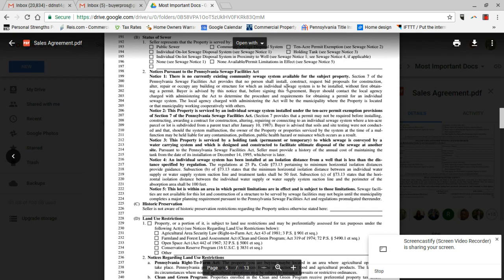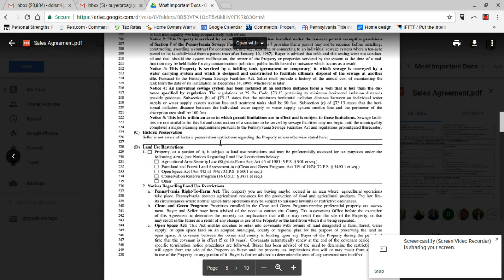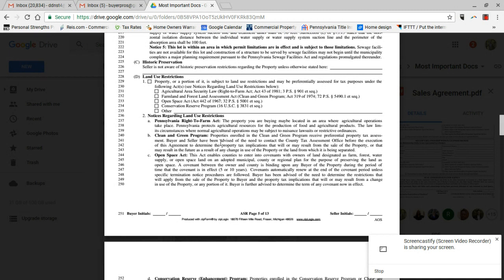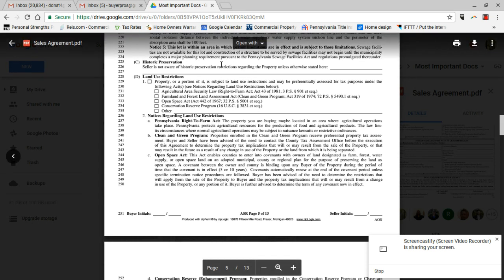Same thing. This is all of the notices and stuff that used to be on the back of these contracts. Go ahead and read those. That's really great reading if you want to lay down in bed and read a contract for 3 hours. Is the property part of a historic preservation?